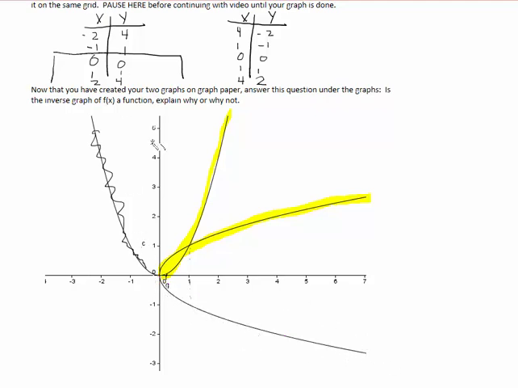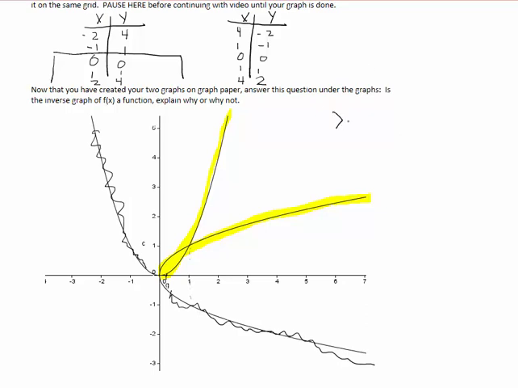So we only have our original graph, f of x, being yellow, and our inverse graph being yellow. And you can see now that if we only had half of the graph, then it would be a function.